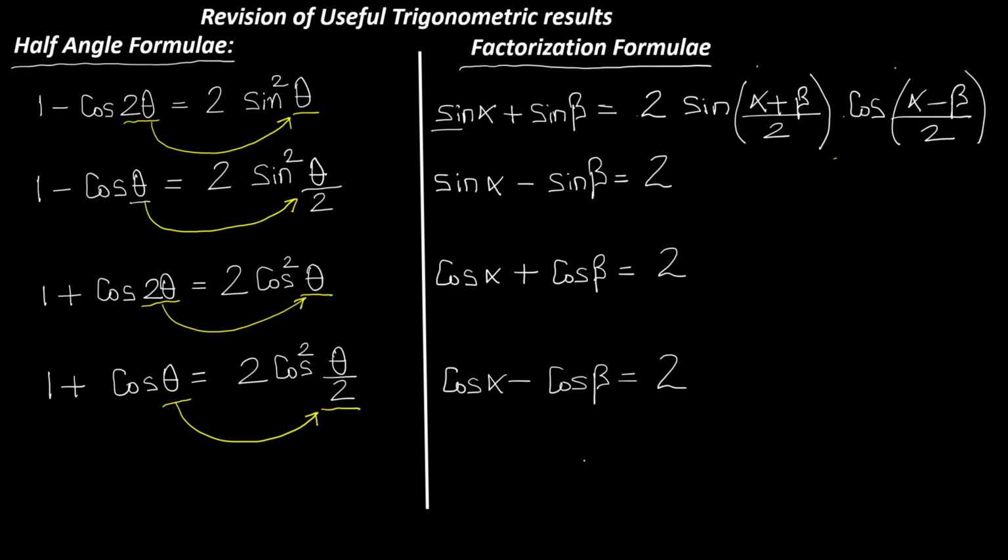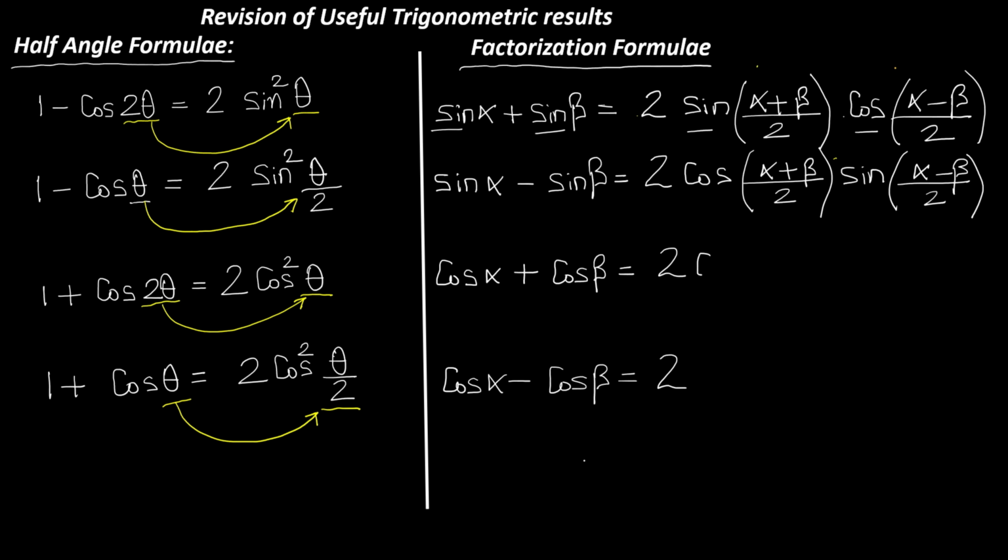So sine plus sine becomes 2 sine cos, and sine minus sine on the other hand becomes 2 cos alpha plus beta divided by 2 into sine alpha minus beta divided by 2.